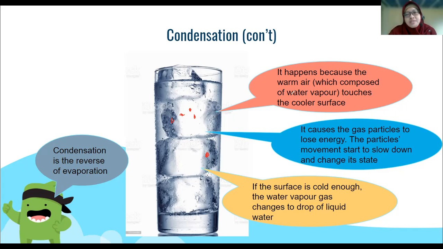So it happens because the warm air, which is composed of water vapor, touches the cooler surface. It causes the gas particles to lose energy, and the particles' movement starts to slow down and change into the denser state. If the surface is cold enough, the water vapor gas changes to drops of liquid water.